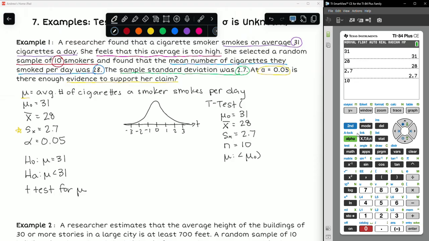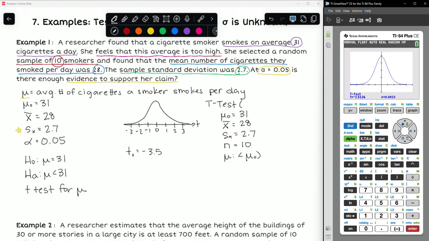Whoops. Didn't even notice that was happening until I looked up. Let's try that again. There we go. And I'm going to go straight to draw this time. And I get my test statistic. So I know my t-test statistic is negative 3.514 rounded.